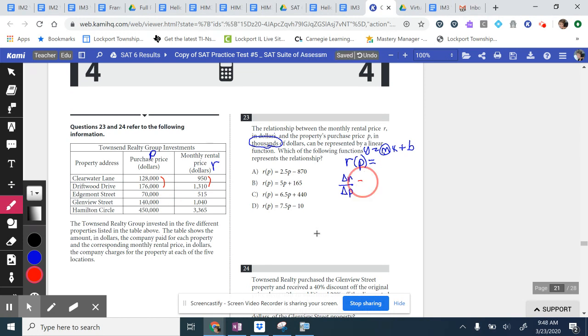So you want to take the difference in the rent over the difference in the price. And you have to do the same order. You have to match up the correct X with the correct Y here.